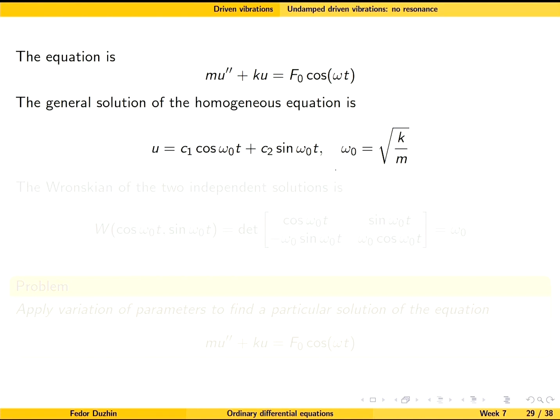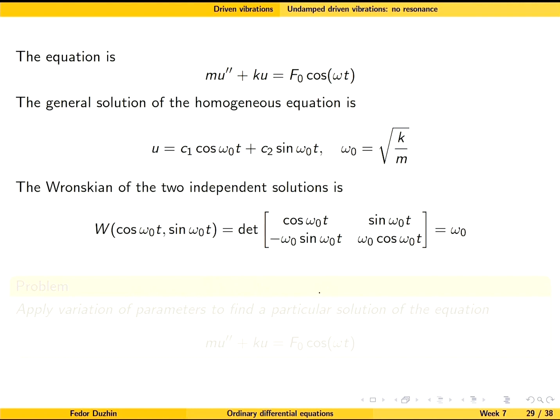By the way, this is important: omega naught is the square root of k over m, which means that omega naught squared is k over m. So m omega naught squared minus k is going to be 0. You will see why this is important in a minute.